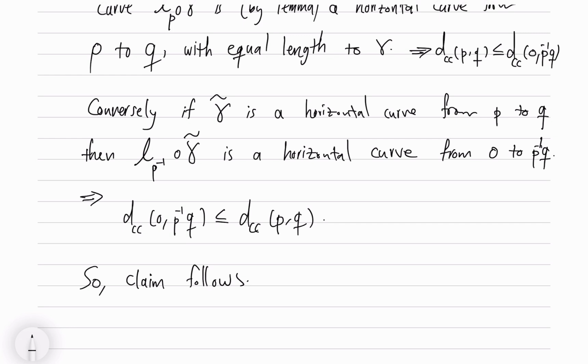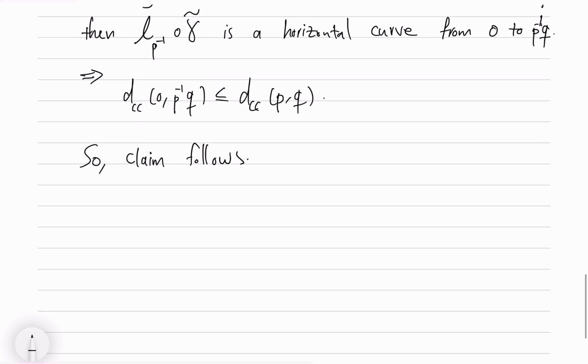And from that, left invariance actually follows, because you can translate to any other point and you will get the same. Technically, we haven't proved this, but it's easy. So the main corollary, which was the topic of this lecture, is that dCC is left invariant.